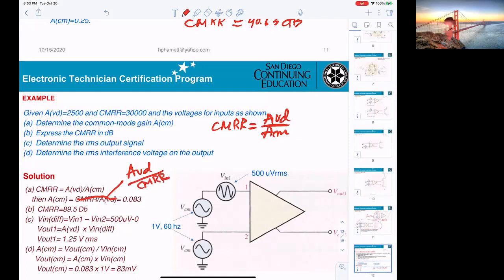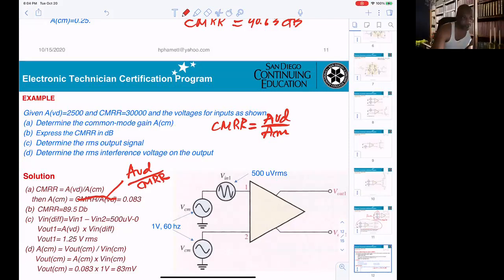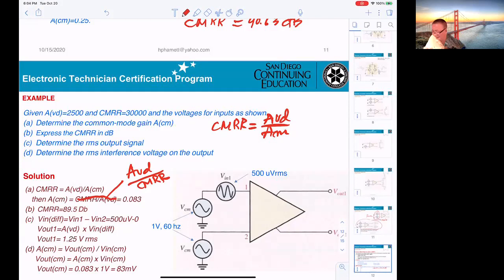Okay. Thank you. Mr. Pham, at the top, the CMRR should be 2,500 and the AVD should be 30,000. CMRR is 30,000. It's correct. The only thing is the formula I typed wrong. It will be AVD divided by CMRR.